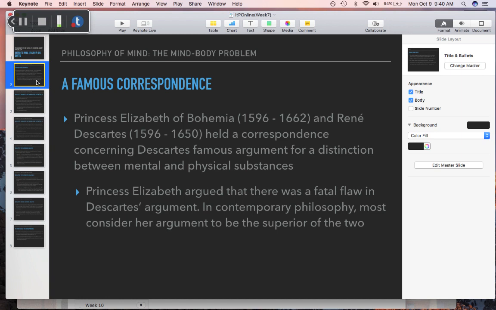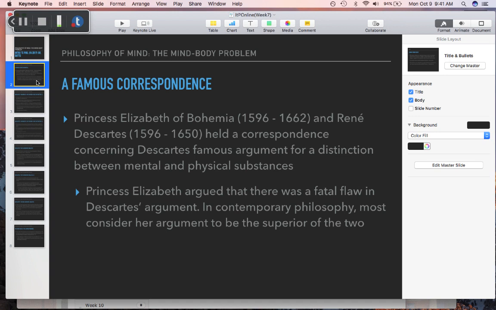And so the problem is arising, and Descartes is writing about this at a time when mathematical and scientific methodologies are becoming more advanced, right? So at the beginning of the so-called Enlightenment period.